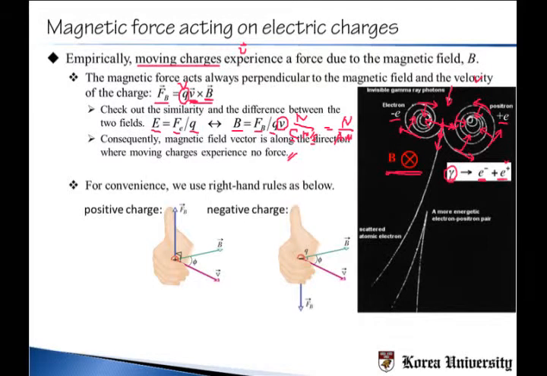And finally, we want to use a diagram to visualize the relationship between these three vectors, and it will be convenient to use a right-hand rule. What we mean by right-hand rule is that when you make a cross product of, for example, velocity and then the magnetic field, you have this velocity vector first, right?